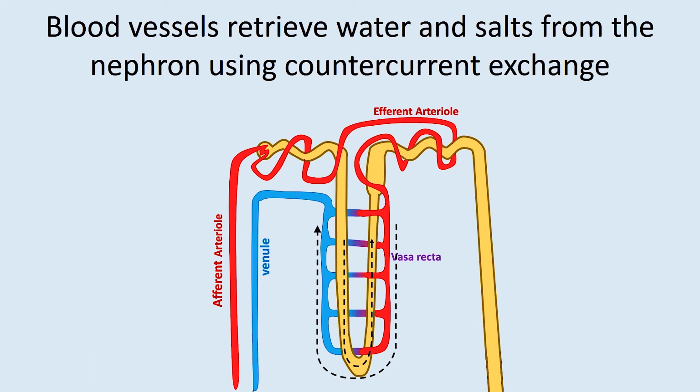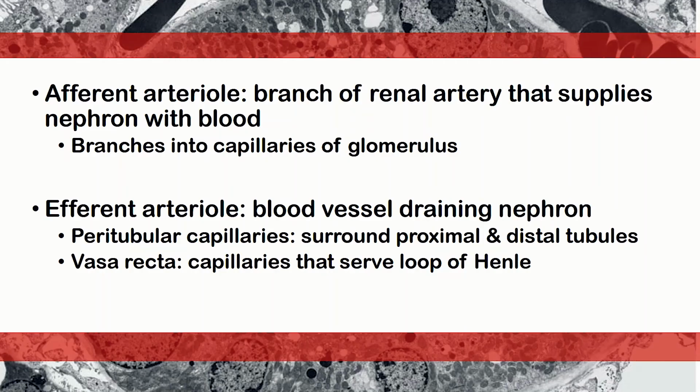This includes small branches which form capillaries in the glomerulus, which allows filtration to happen. Once the blood leaves those capillaries, it enters what is referred to as the efferent arteriole. The efferent arteriole is a series of blood vessels that drain the nephron itself, that pick up the materials that are retained by that nephron.